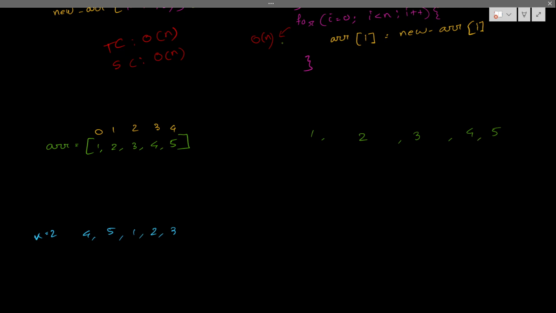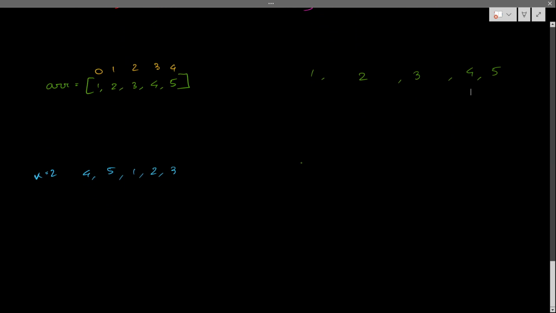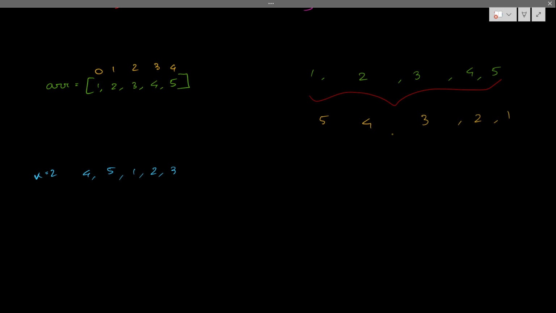Now, earlier in left rotation we reversed part of it first. In this case we reverse the entire thing. So it becomes 5, 4, 3, 2, 1. Now let's reverse the first k elements, so it becomes 4 and 5.